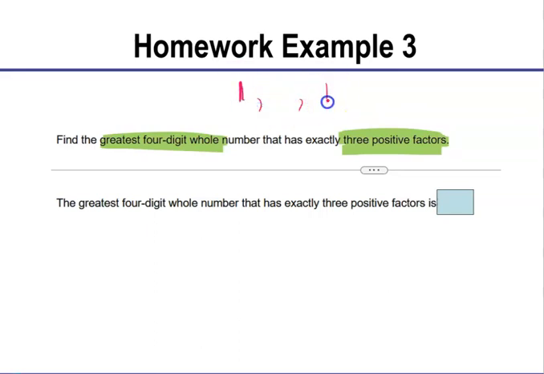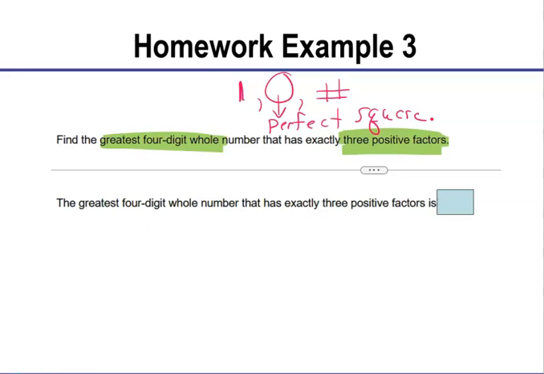And then the number itself, and then this guy is the perfect square. Okay? That would give us 3 factors. This is the only way we can have 3 factors, because remember, every single number has 1 and itself as a factor. So to get only 1 more factor, we're dealing with a perfect square.